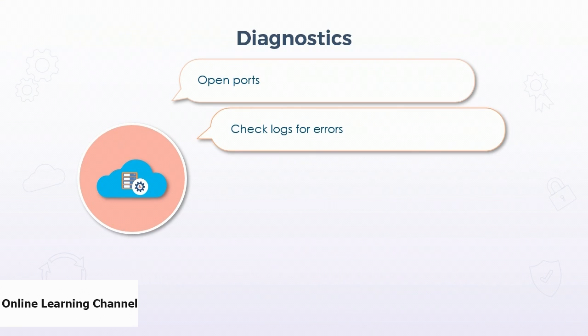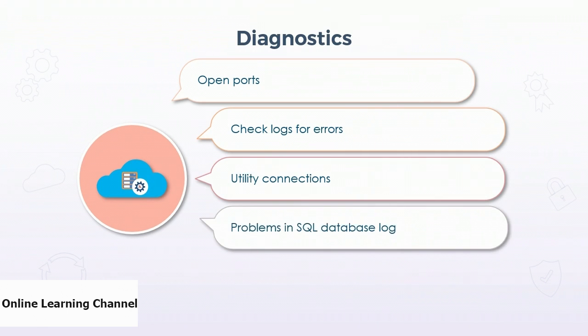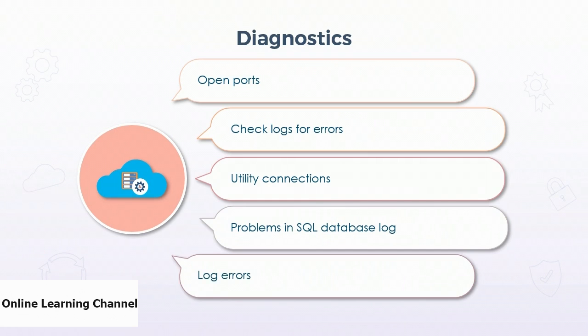If clients are having trouble connecting to a database, try connecting to the database with utility applications to see if you can replicate the issue. SQL Server also has its own logs, so make sure you check for clues in the SQL Database logs. And before errors become a problem, make sure your services appropriately log their errors. This will be invaluable during diagnosis.